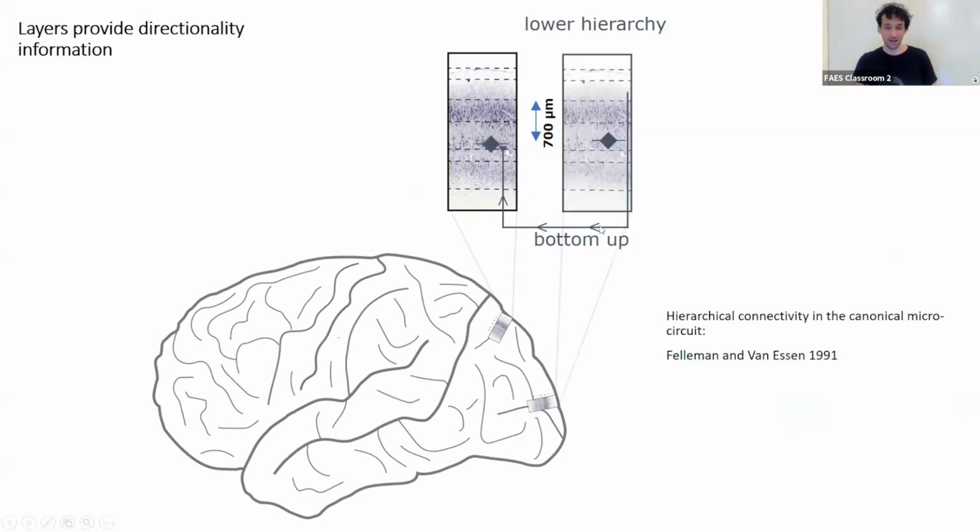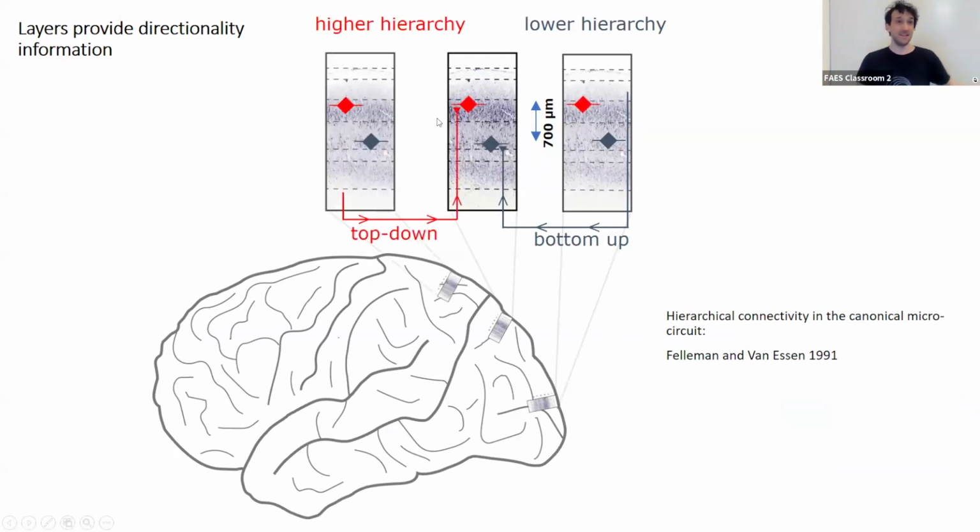In those hierarchical brain systems, we know that there's this canonical microcircuit, namely that most of the feed-forward input that comes from the bottom-up connection terminates in the middle cortical layers, whereas feedback input from other areas that are higher in the hierarchy comes in mostly into superficial and/or deeper layers.